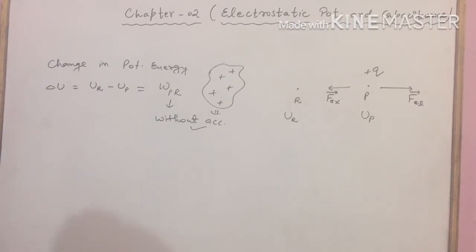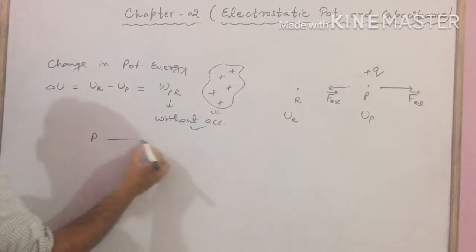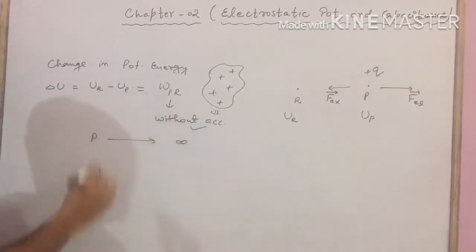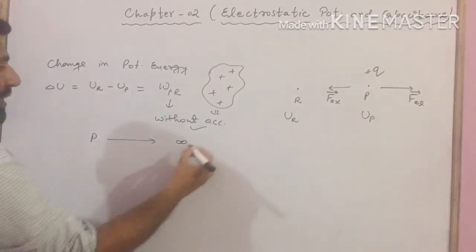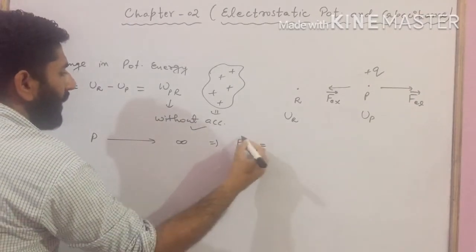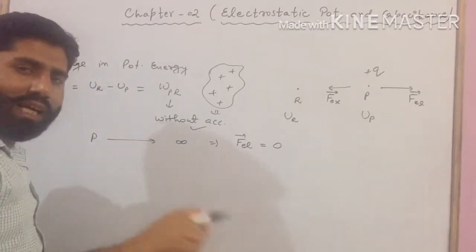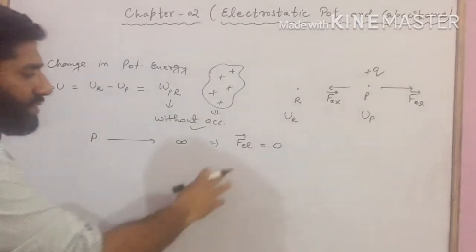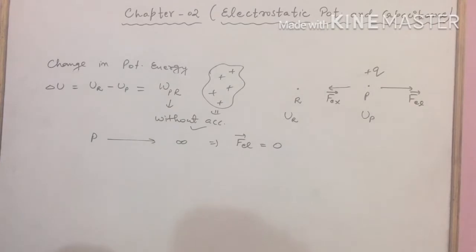Okay, now what if I take this point P to be at infinity? अगर इस point P को हम infinity पे assume कर लें, at infinity, will there be any electrostatic force? No, electrostatic force will become 0. So if at infinity I leave the charge free, because there is no force acting on it, it won't get any kinetic energy.